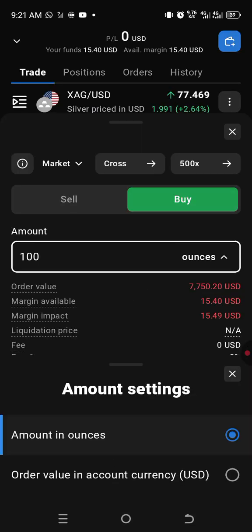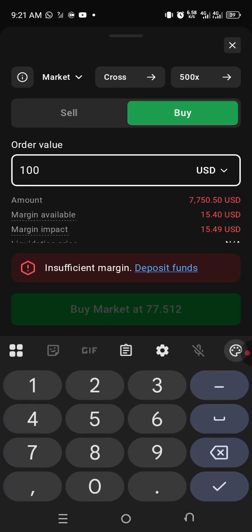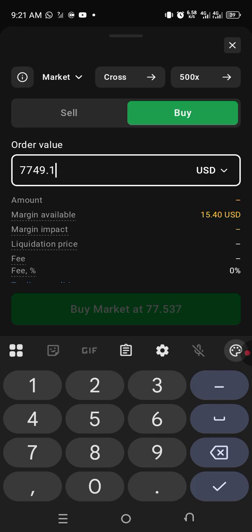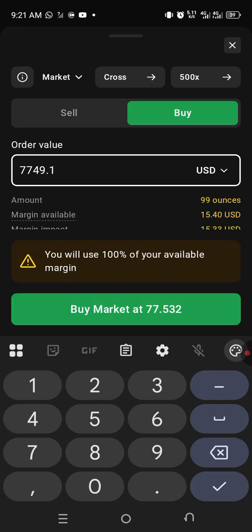I want lot size. In ounces, order value account or currencies. I've never seen this. Actually, this is my first time trading silver on this platform. I'm used to, how do you call them, lot size. Let me first research about this.